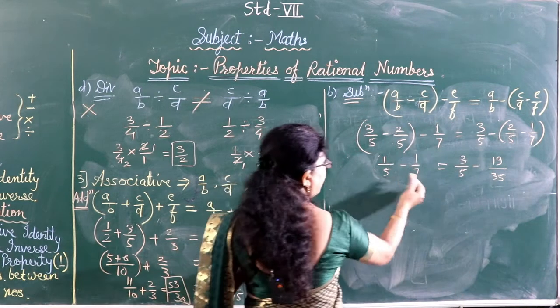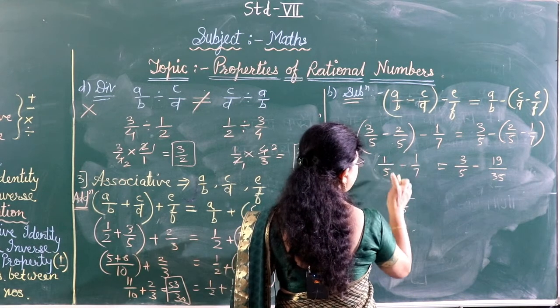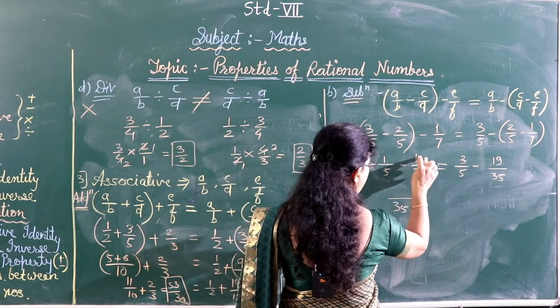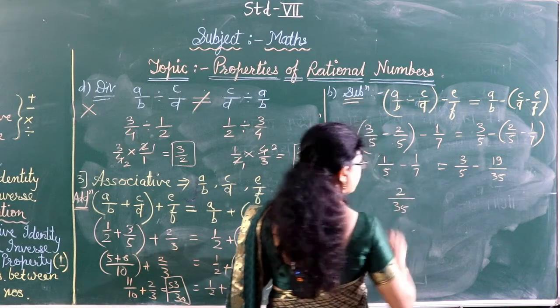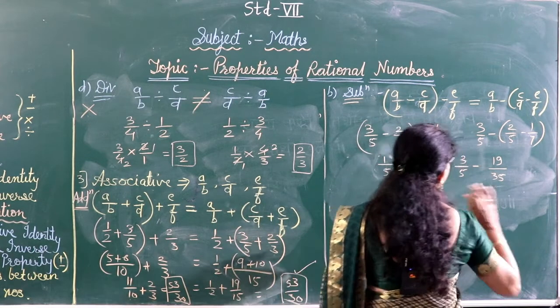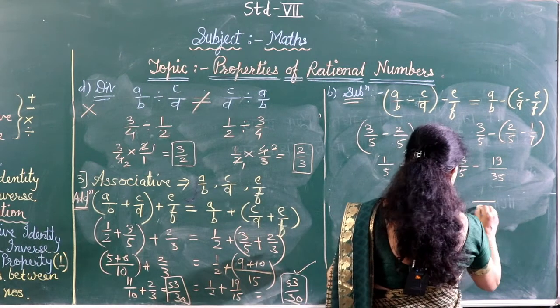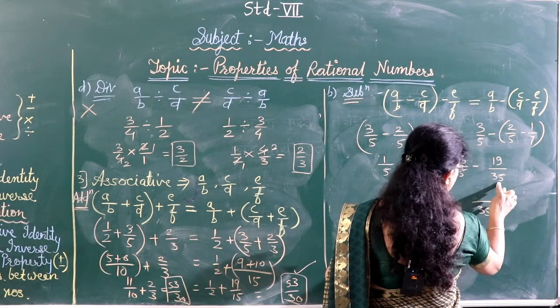Again by LCM method: 7 5s are 35, cross multiplication 7 1s are 7, minus 5 1s are 5. 7 minus 5 comes 2, so 2 upon 35. We don't know yet whether they are equal. Here LCM will be 35 only, because 5 7s are 35.